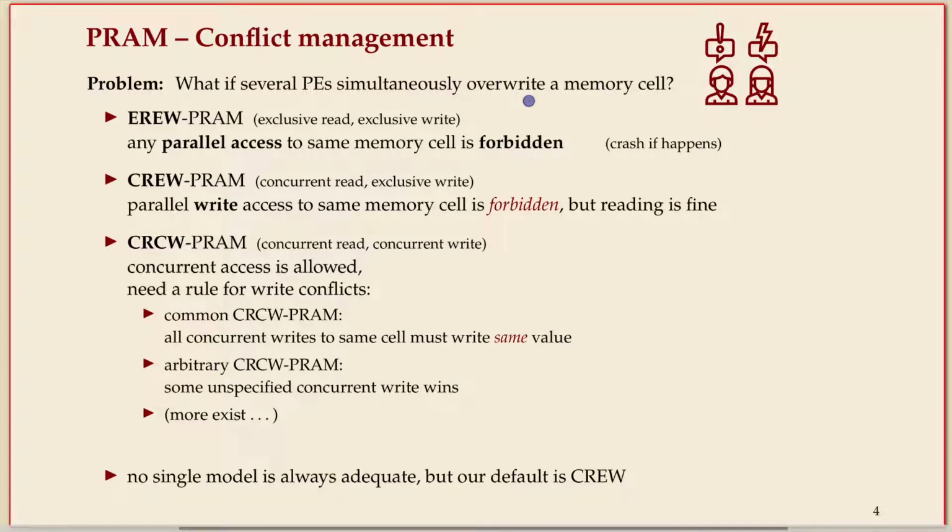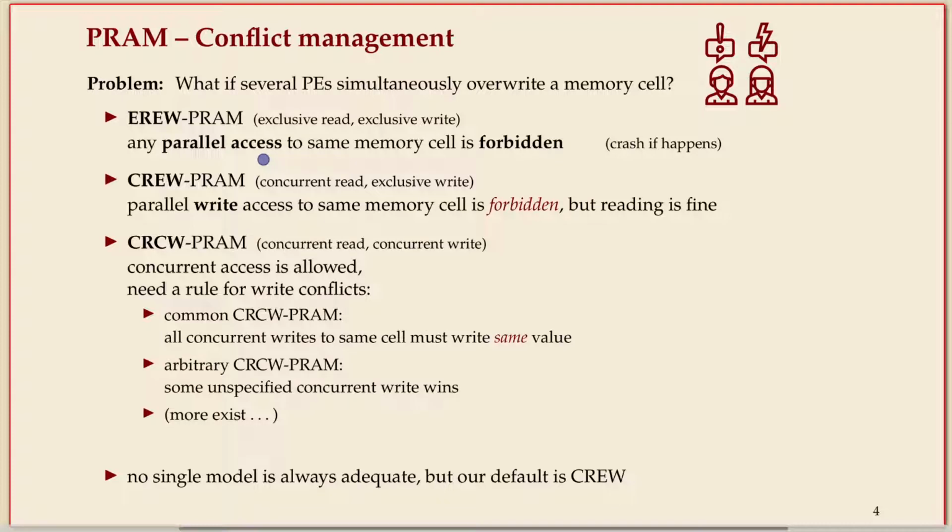Now, as a theoretician, that is a question of the model. What should happen? And there's different models which restrict what the programmer is allowed to do. And they're all reasonable in their way. One model is the exclusive read, exclusive write PRAM. I know these acronyms are awful, but that's how it's stuck.